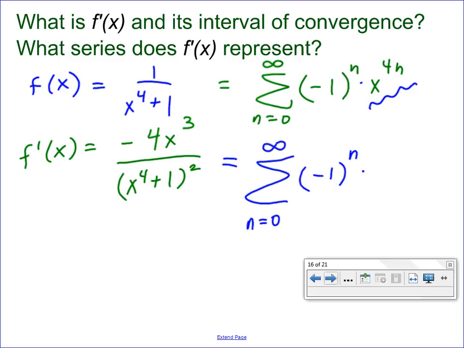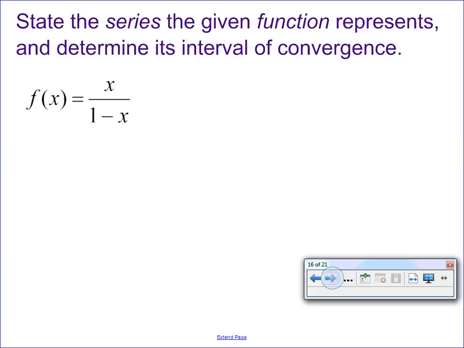Isn't it just 4nx to the 4n minus 1? That's correct. If we had more time, we would totally expand this and enter y2 and enter my derivative function, right? And set our window of convergence negative 1 to 1 and see how well the curve matches. But we don't have more time, so we're going to keep on trucking. Thanks, Riley. Appreciate your help.